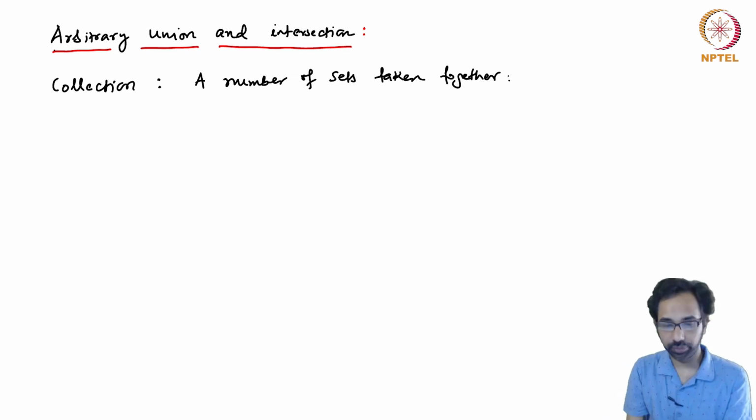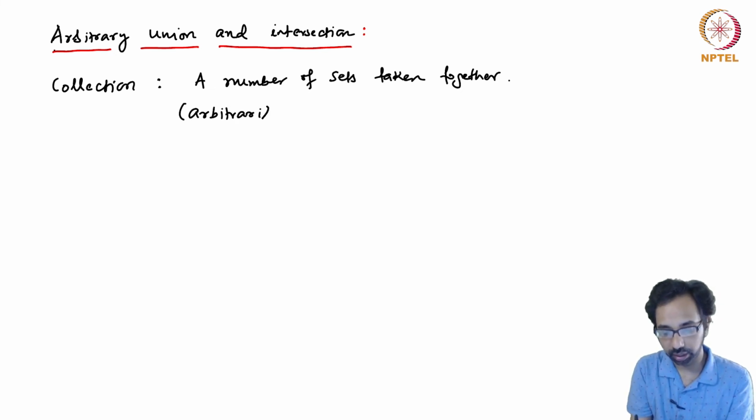Okay? And this collection can be arbitrary. So this is where the term arbitrary union, or intersection, comes from. This collection can be arbitrary in the sense that the number of sets can be arbitrarily high.